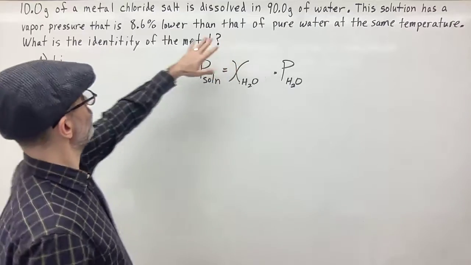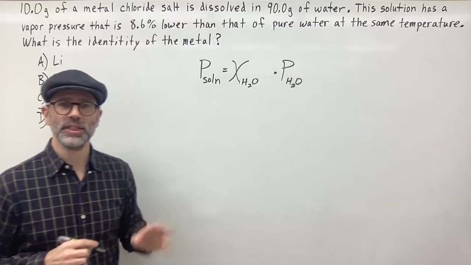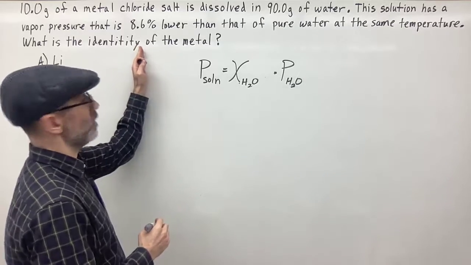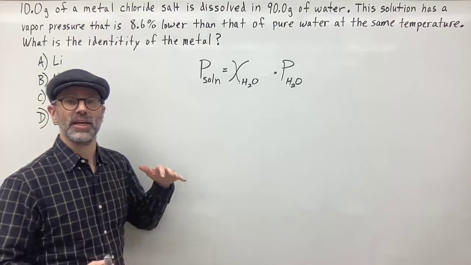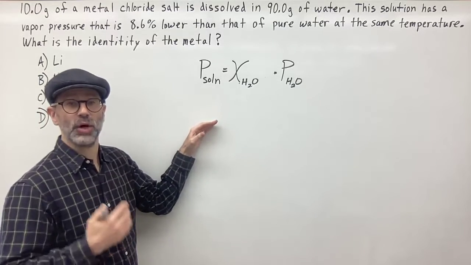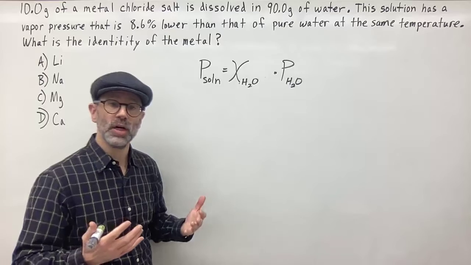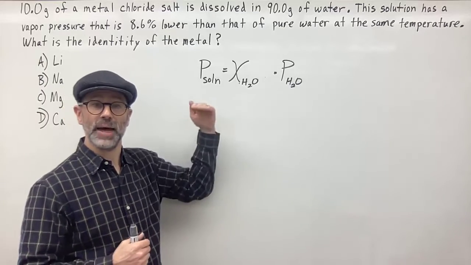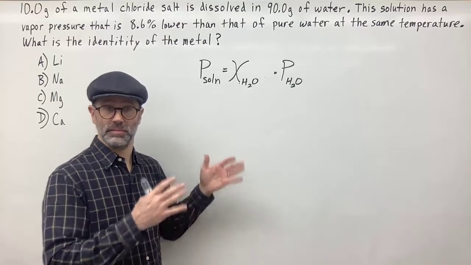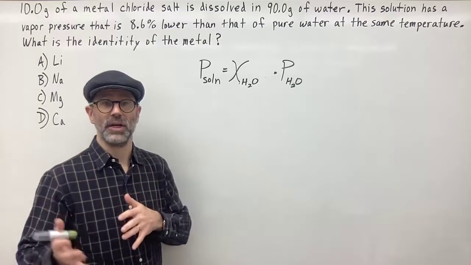So what do we do with this 8.6%? Again, there's a few ways you could do this, but one way is I know that what they're telling me is that the vapor pressure of the solution is 8.6% lower than what you would expect for the pure water. So if the water was 100, then the metal solution would be 8.6 lower. Remember, a percentage is out of 100, so 8.6% is 8.6 out of 100.